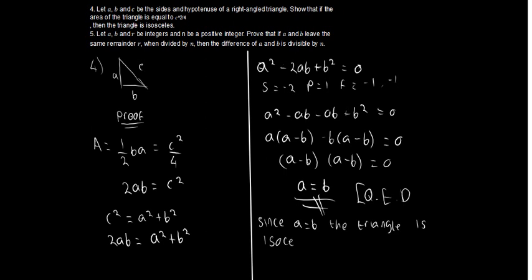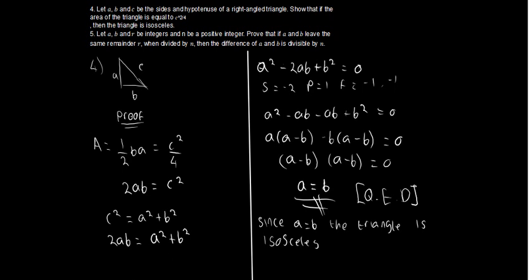How do you even spell this? Is isosceles. Yeah, is an isosceles triangle. Since we have that there, we know that our triangle is going to be an isosceles triangle, and this is how we go about this proof.